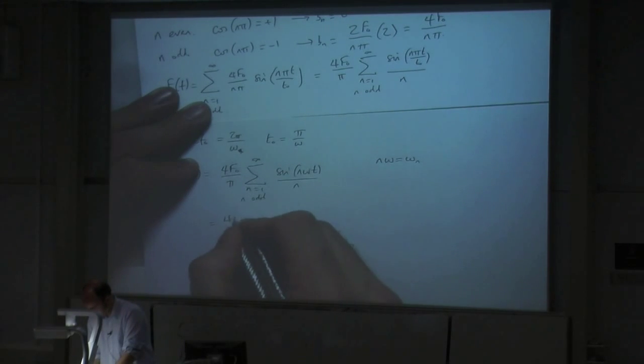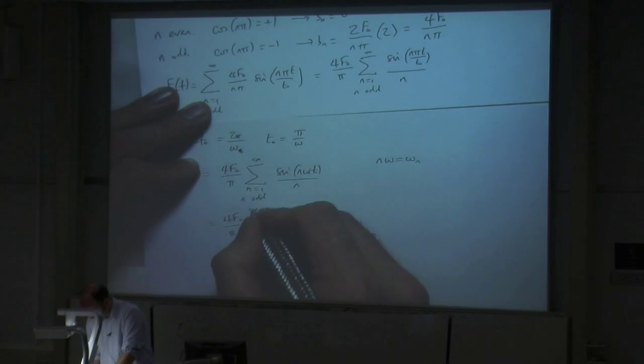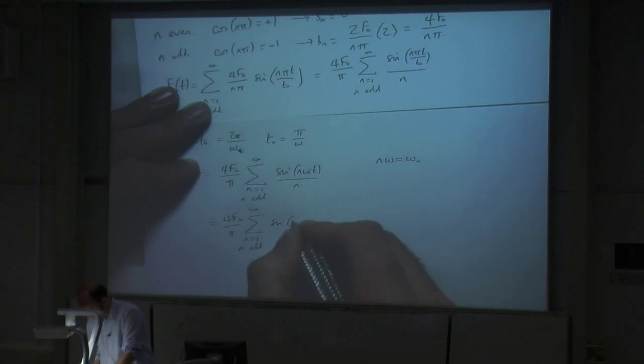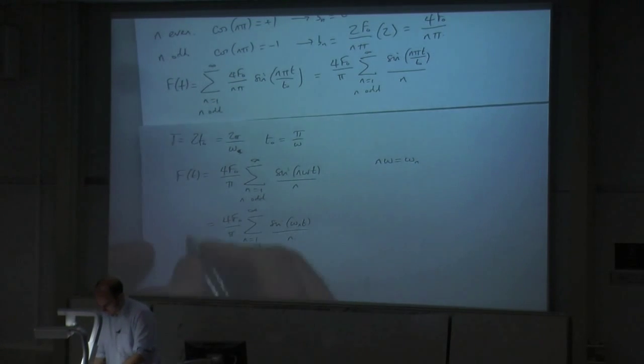We end up with 4 f0 upon pi, sum of n equals 1 to infinity, n odd only, of sine omega n t divided by n. So there's our solution.